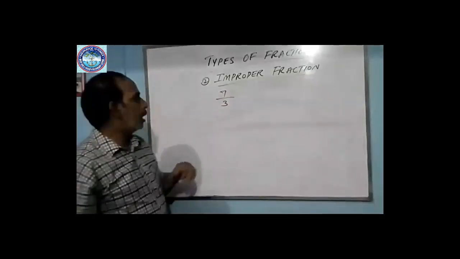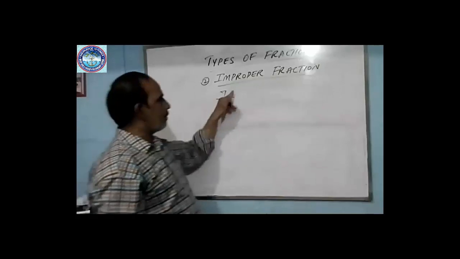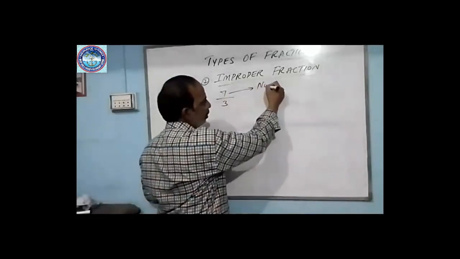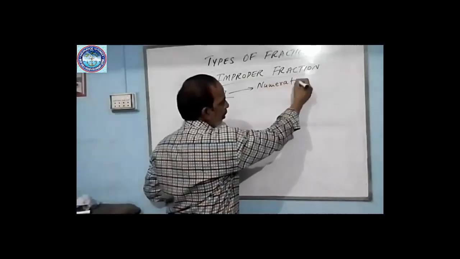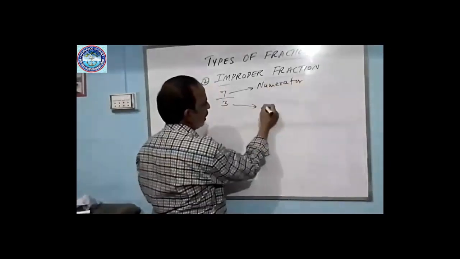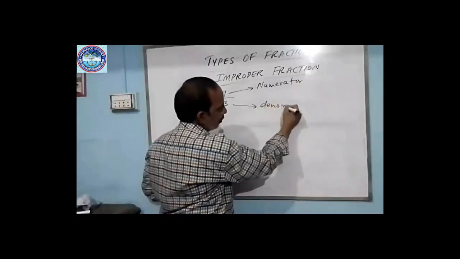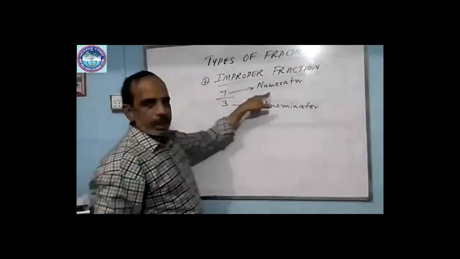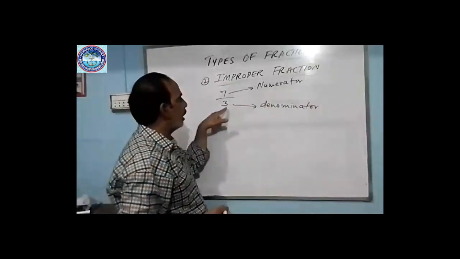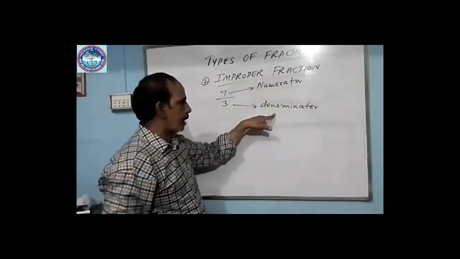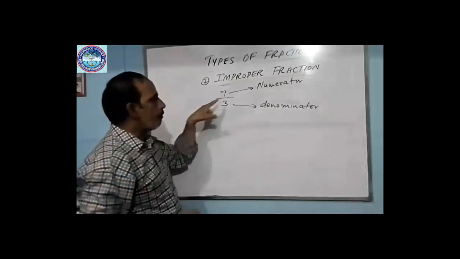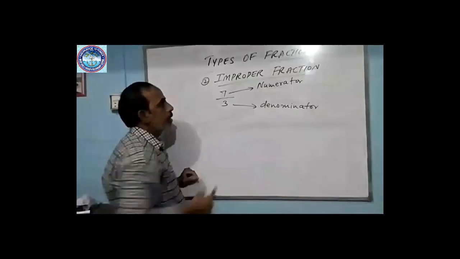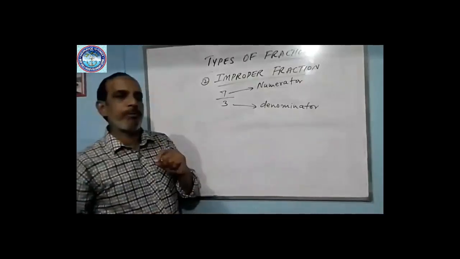Right, here the numerator is 7 and 3 is the denominator. So when the numerator is greater than the denominator, then this fraction is called the improper fraction.